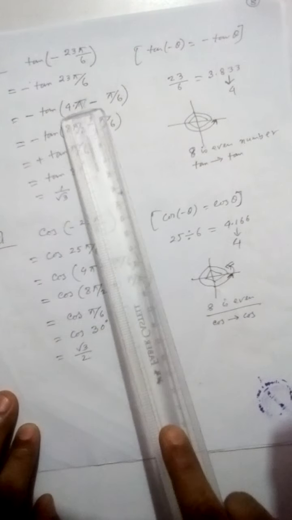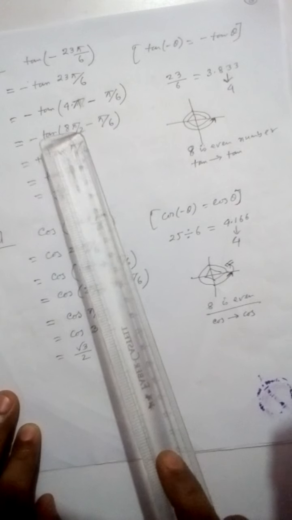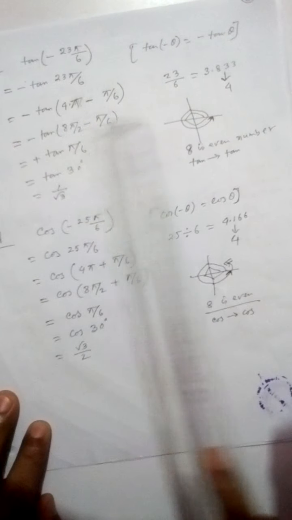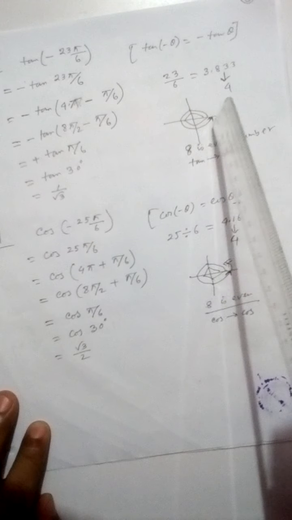Then 4 pi, so we write minus tan 8 pi by 2 minus pi by 6. The coefficient of pi by 2 is 8. So we count the quadrant: 1, 2, 3, 4, 5, 6, 7, 8. It attacks the fourth quadrant. Here we use the minus sign, so it does not pass through to the first quadrant, it remains in the fourth quadrant.